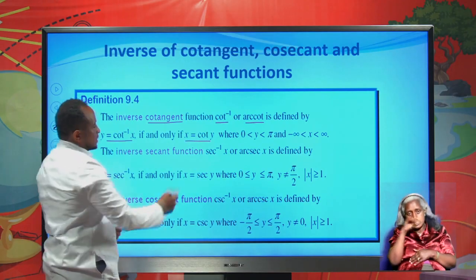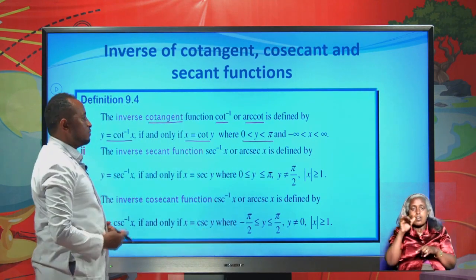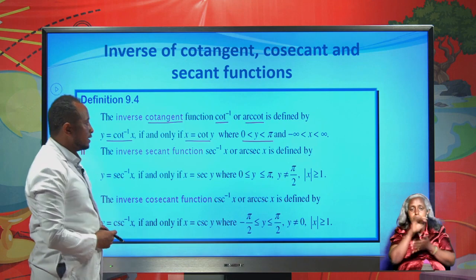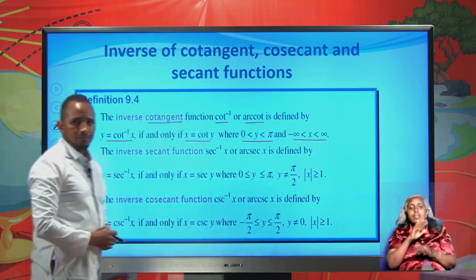The range for cot inverse is for y between 0 and pi, and its domain is the real numbers.